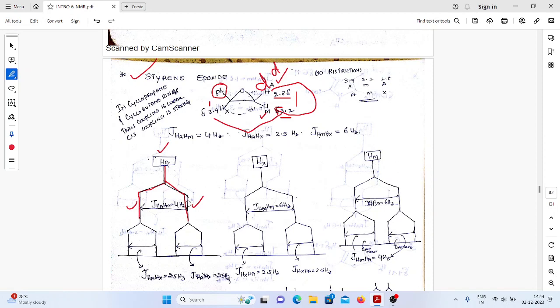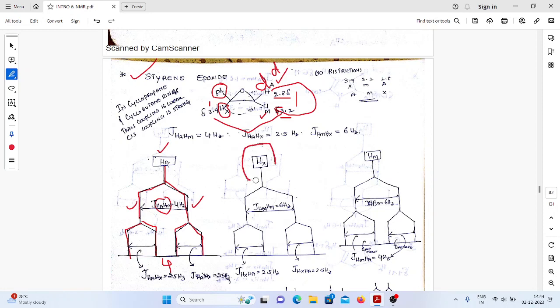That's why the doublet which we are getting from the HX to HA can be split into two: one on the first doublet coming from the HM coupling, so this doublet is again going to give two signals, and the second doublet is going to give two signals. So for HA, how many lines appear? Four lines appear.